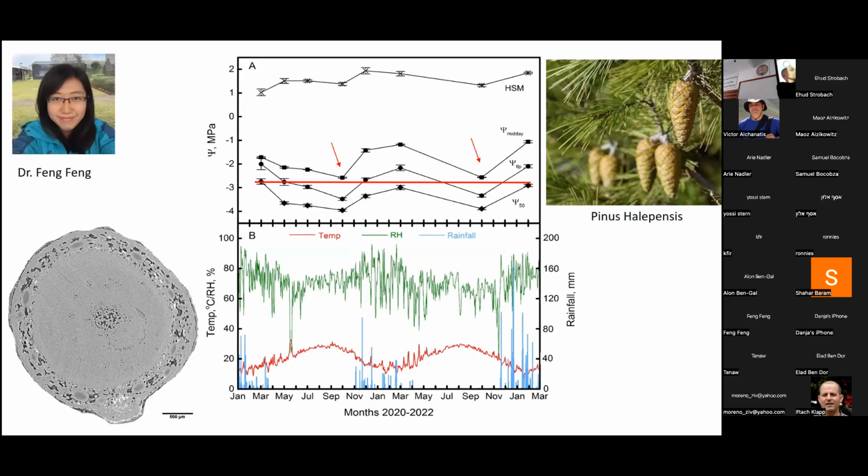When you make a vulnerability curve early in the season in March, the P50 will be -3, meaning they will lose half of their conductivity at -3. But when you do it again in October, it will be only at -4. You have to dry them 1 megapascal more for them to lose the same amount of conductivity, meaning that the initiation of cavitation is not reached here.